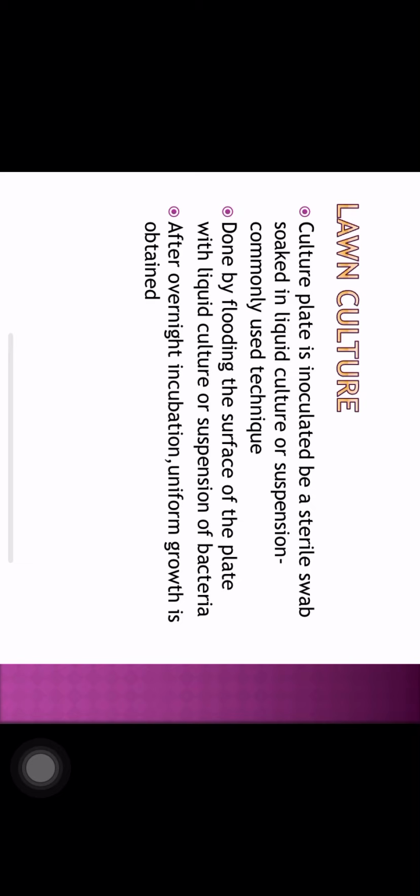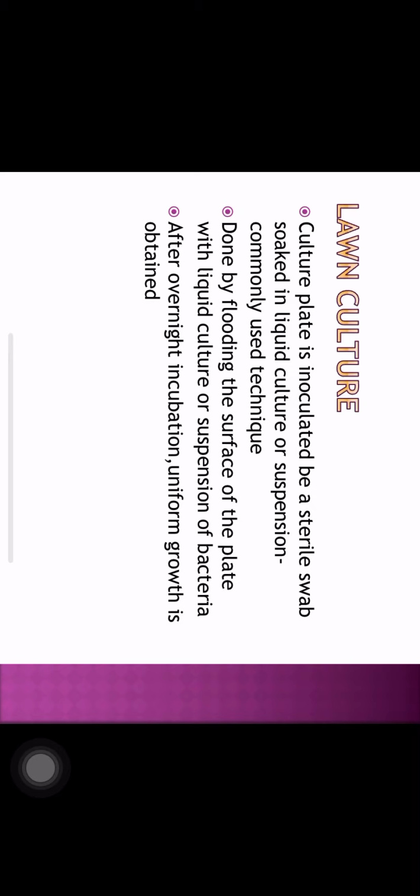Then the excess broth is drained off. Since the broth has come in contact with the entire surface of the medium, the bacteria are there on all the areas. The next day, after 24 hours of inoculation, the plate will have a lawn of bacteria, like a carpet of bacteria in the entire petri dish.